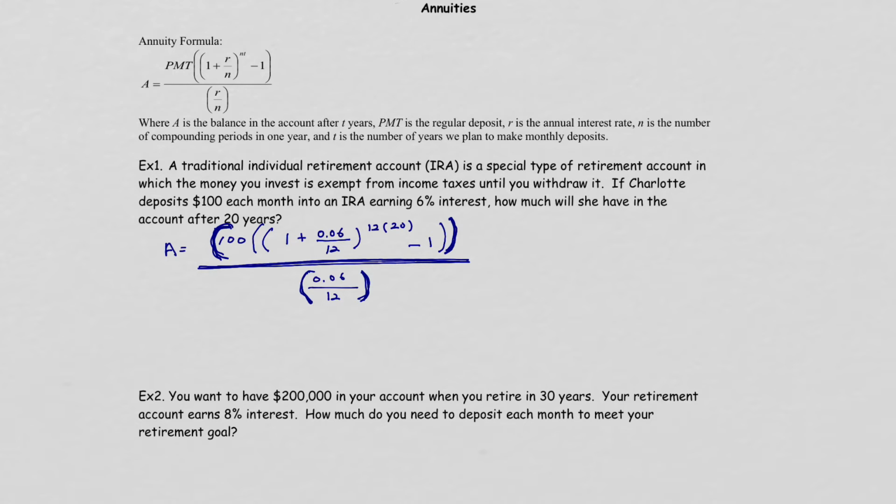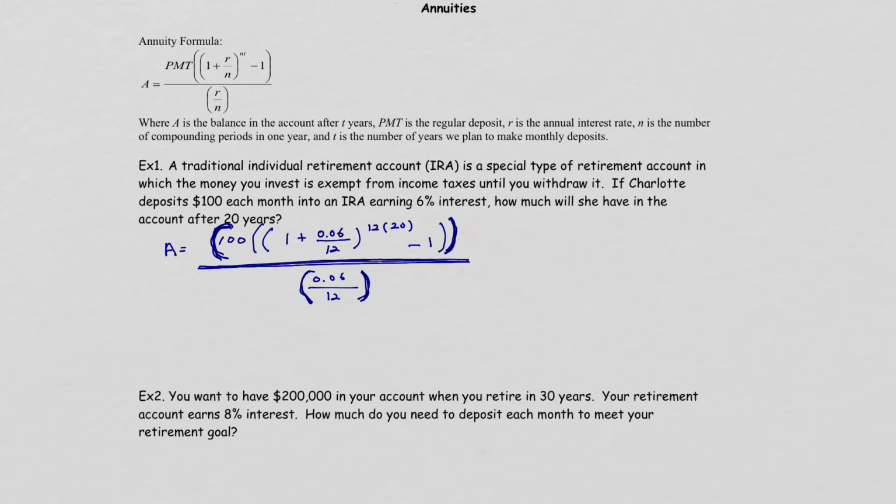So that's important. If you don't have a calculator where you can input all these numbers at once, you need to start from the inside out. So probably you will do this, right? 0.06 divided by 12, and then you add 1, and then use the exponent key to raise it to 12 times 20, so it will be 240, and enter, and then subtract 1, and then you can multiply by 100, and that will be your numerator.